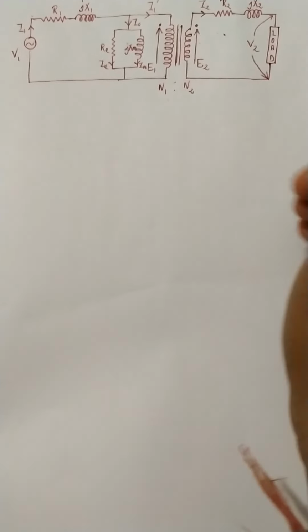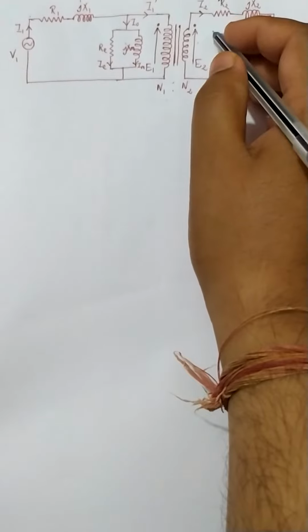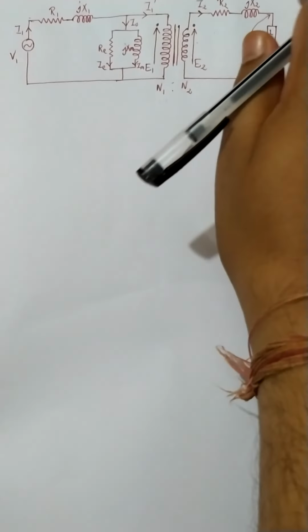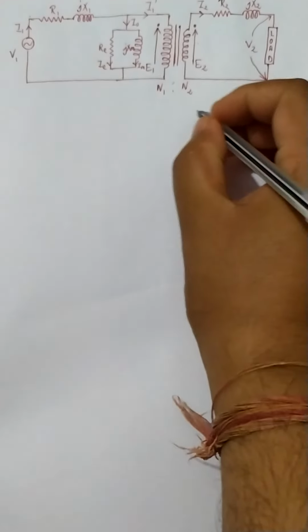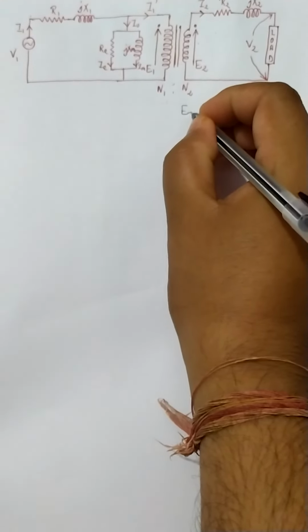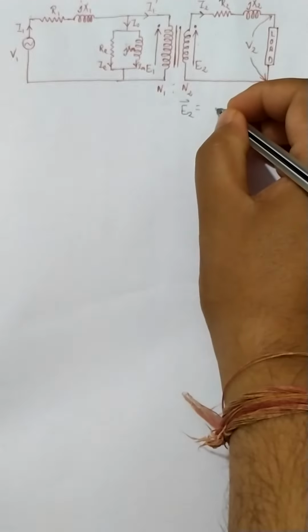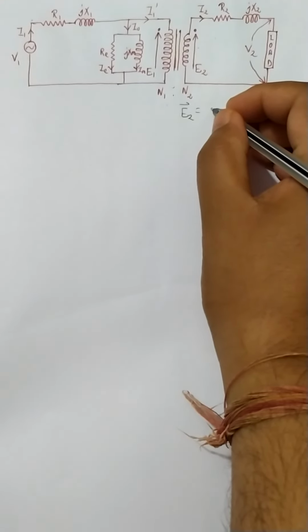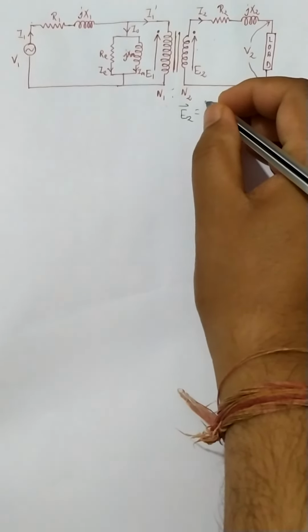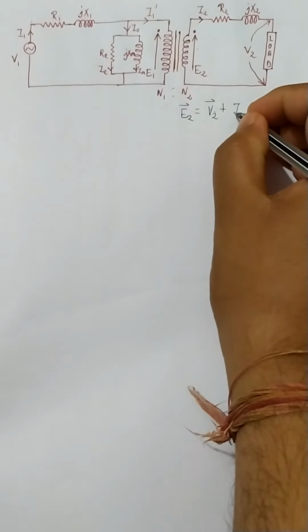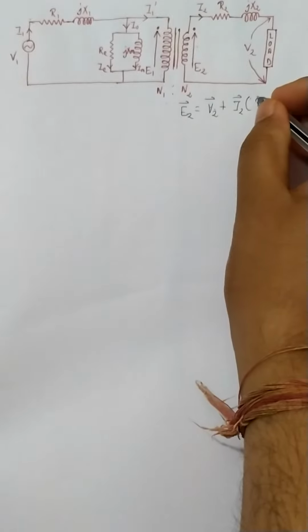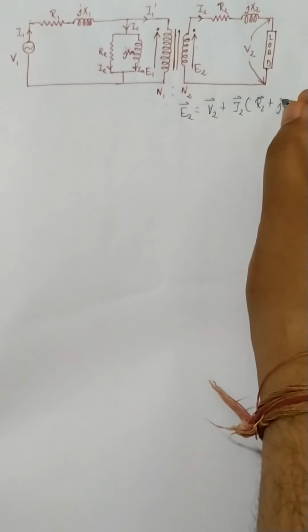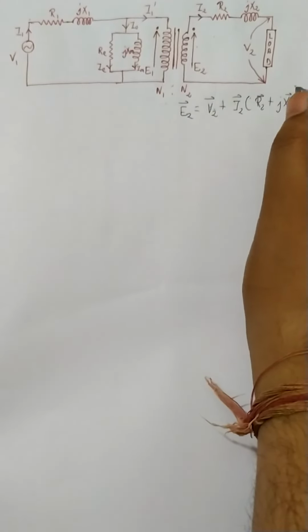So from the circuit, if I am considering the secondary element, from that we can write E2 equal to V2 plus I2 into R2 plus jX2.